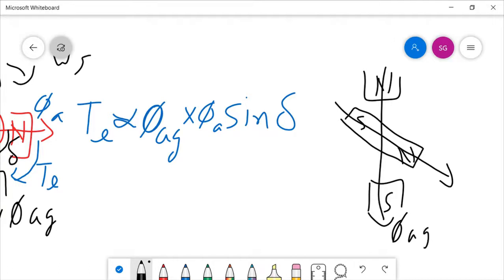This will be phi Ag, and this will be phi A. Now this will be your delta. So at a steady state, whatever the delta will be is decided as per how much torque this motor has to generate. So it will depend upon the load torque. The higher the load torque, the higher will be the delta. The lower the load torque, the lower will be the delta. If there is no load, then this delta will be at its minimum.